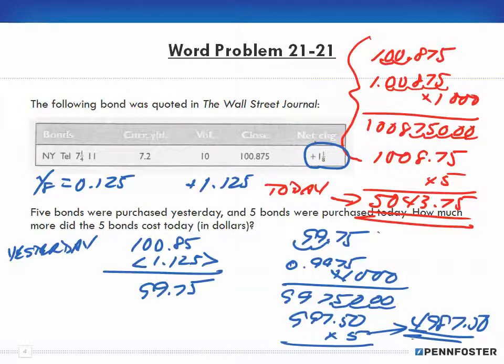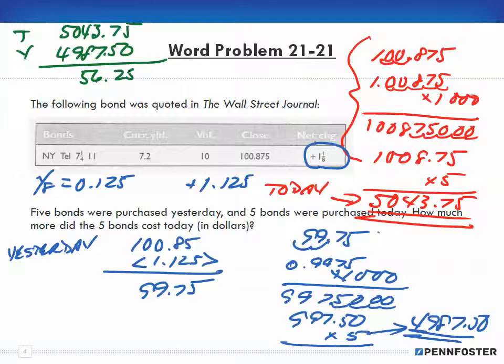Okay, so that's the value of the 5 bonds yesterday, and the value of the 5 bonds today is the 5,043.75, and yesterday I had 4,987.50. So the difference between those two is $56.25.